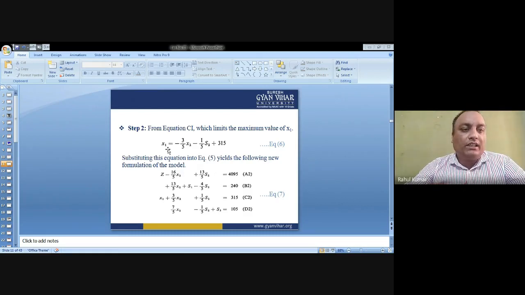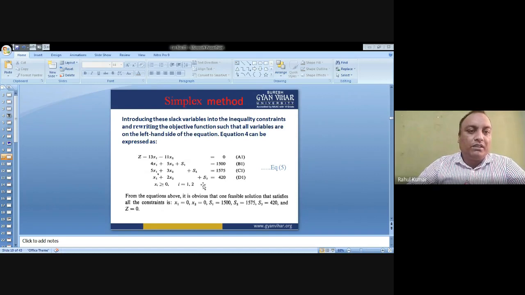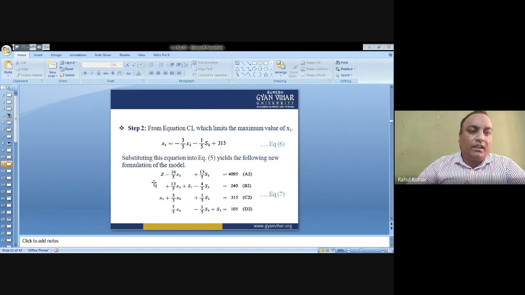Substituting this into equation number 5, where is equation number 5? Put x1, replace x1 with this value, and you will get different solutions like Z minus 16/5 x2 plus 13/5 S2 equal to 4095, and S1 minus 4/5 x2 equal to 240.